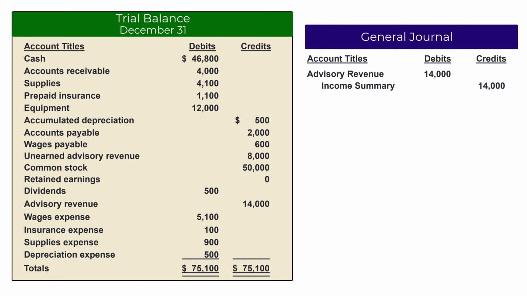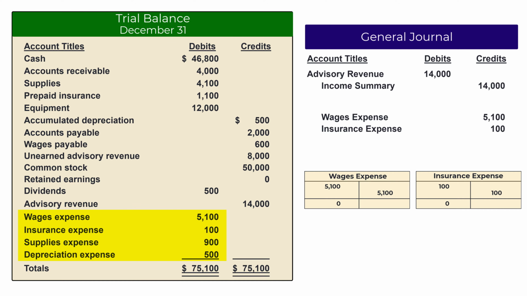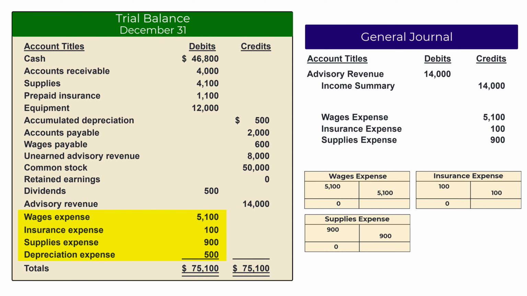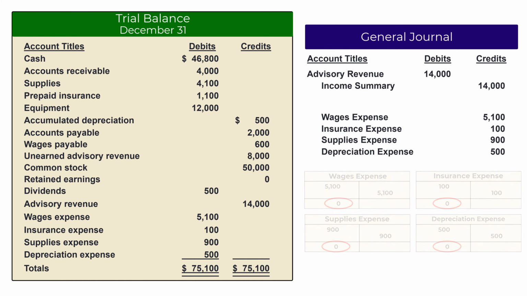Next, we need to close out our expense accounts. To do that, we will credit wages expense for $5,100, credit insurance expense for $100, credit supplies expense for $900, and credit depreciation expense for $500. We credit each of these expense accounts because it zeroes them out and resets them for the next period.